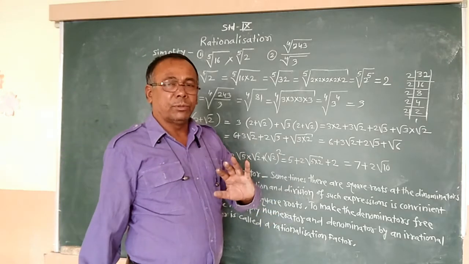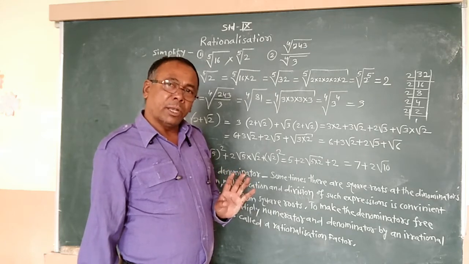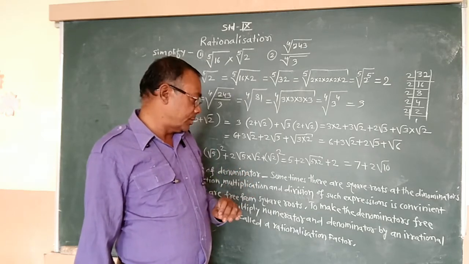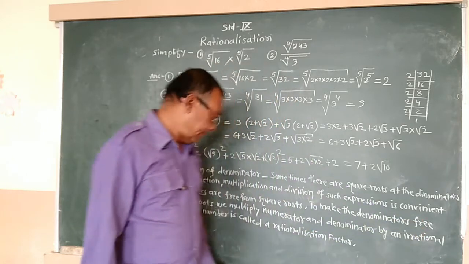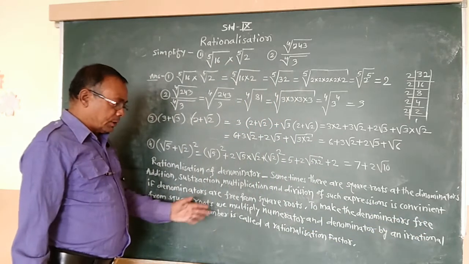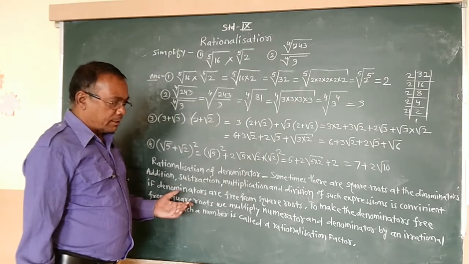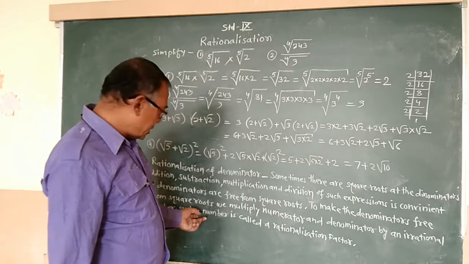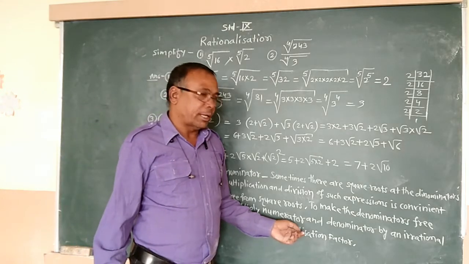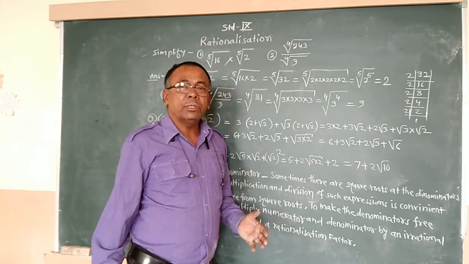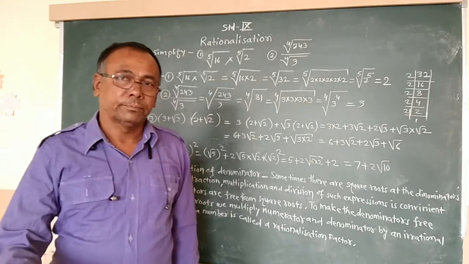If there is a square root in the denominator, it is not convenient to solve such expressions. To make the denominators free from square roots, we must multiply the numerator and denominator by an irrational number, and such a number is called a rationalization factor.